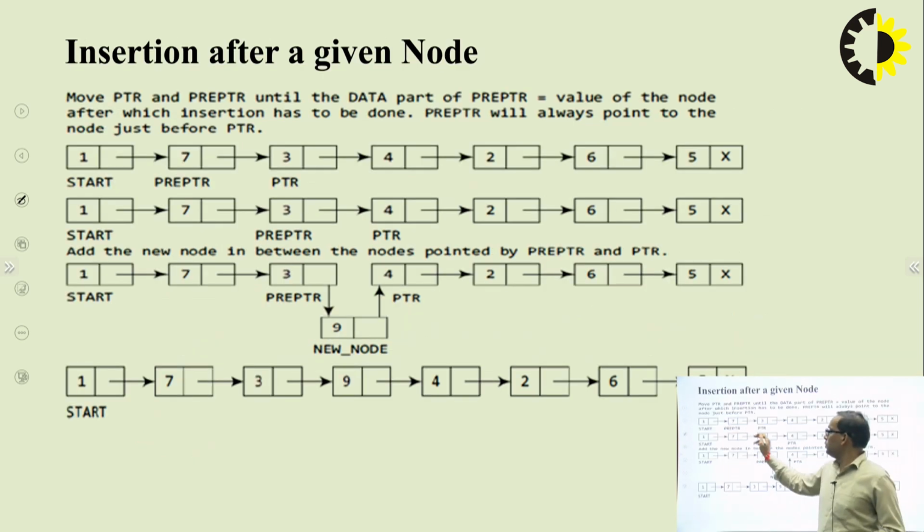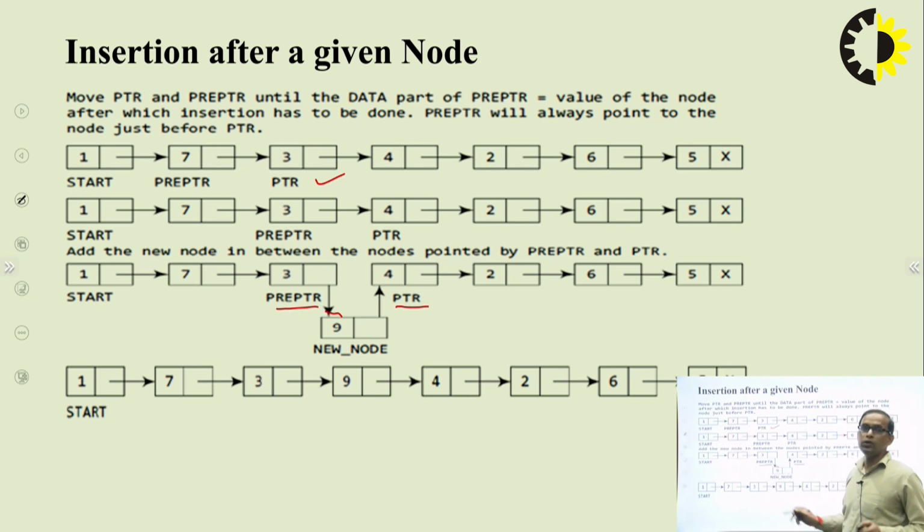We will move ptr and pre-ptr in such a way that ptr will refer to the next node and pre-ptr will refer to the node after which we are going to insert the new node.